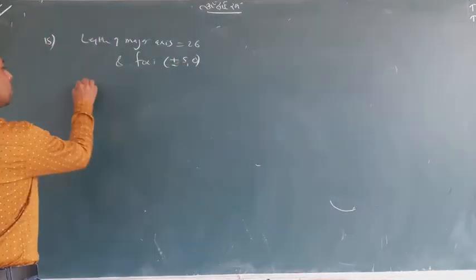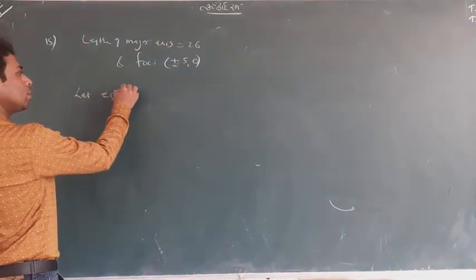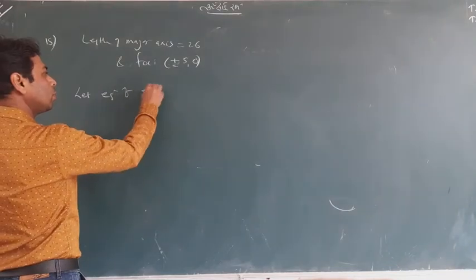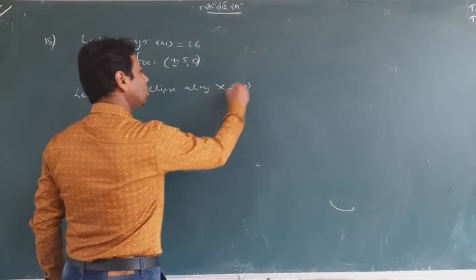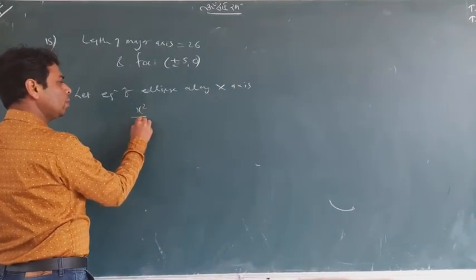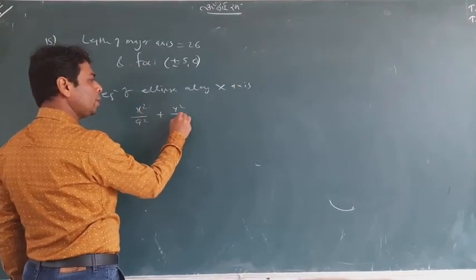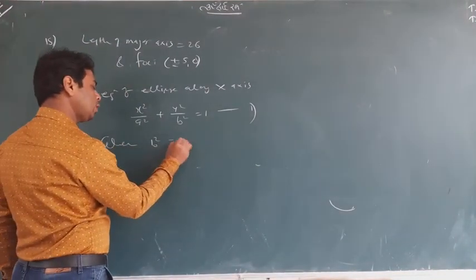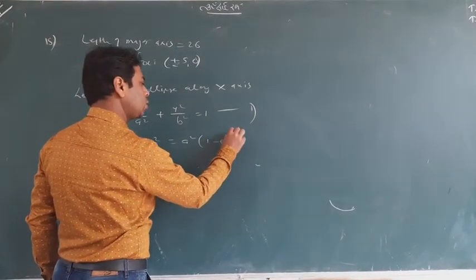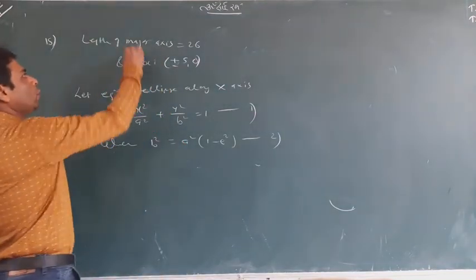So I start. The equation along the x-axis is x square upon a square plus y square upon b square equal to 1, where b square equals a square into (1 minus e square). First of all, I'll go with the major axis.